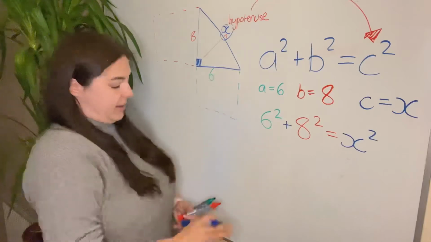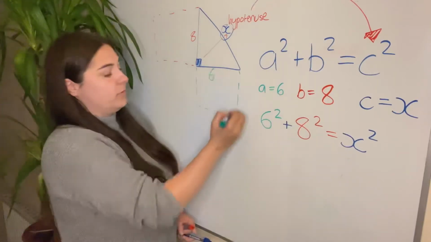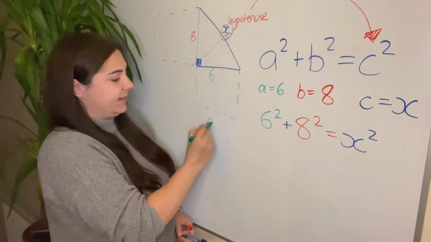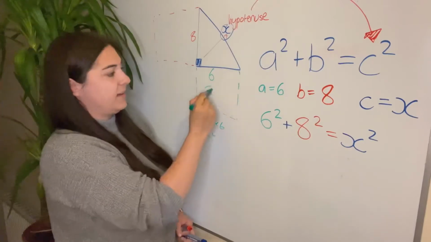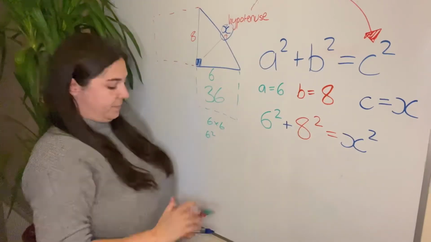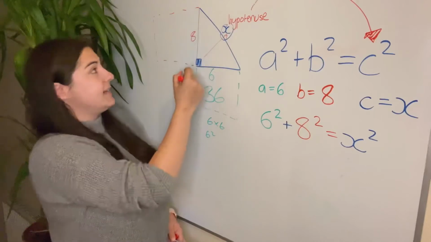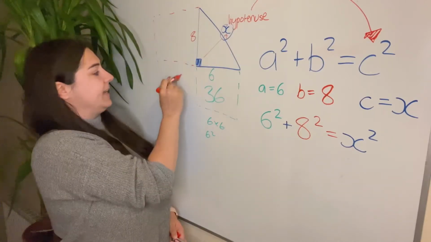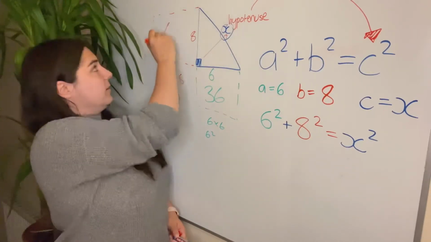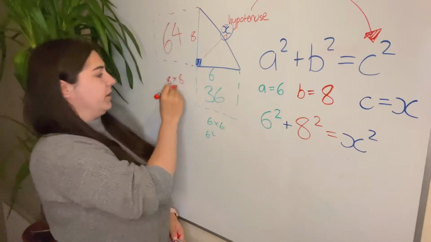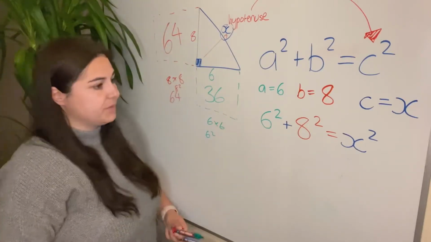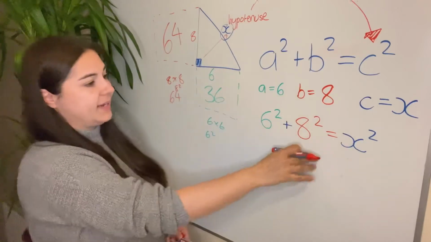So what is the area of a square formed by side length 6? 6 times 6, or 6 squared, is 36. What about for this side here? 8 times 8 is 64. So I'd write that here. Or you could have written it as 8 squared. So you've got 6 squared plus 8 squared equals x squared.